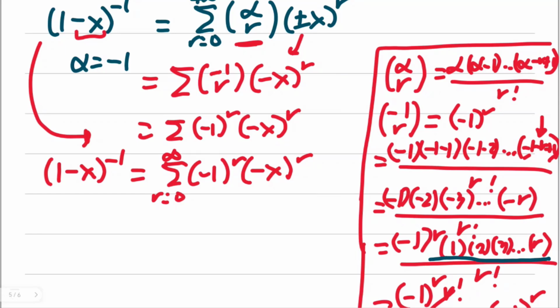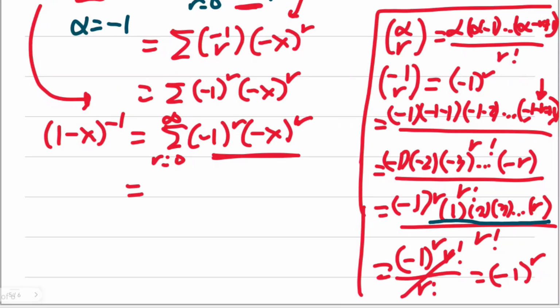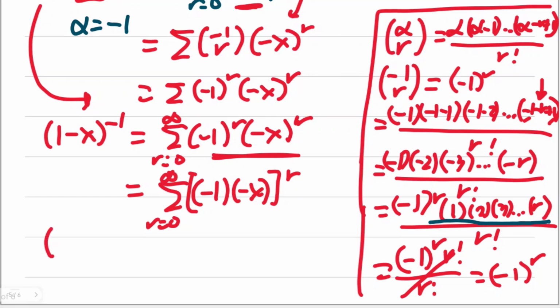Now, since these two share the same exponent, we can just simply combine them into one. The summation of negative 1 times negative x raised to the power of r, as r starts from 0 to infinity. So you have 1 minus x to the negative 1 is actually the summation of positive x, x to the power of r, as r starts from 0 to positive infinity.